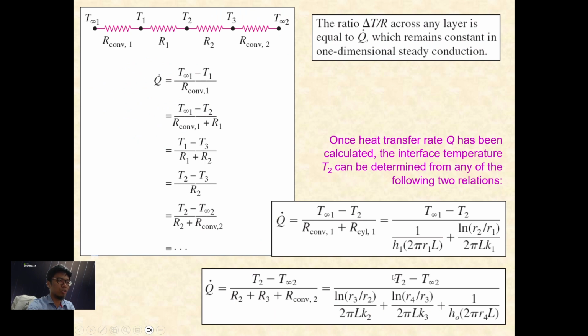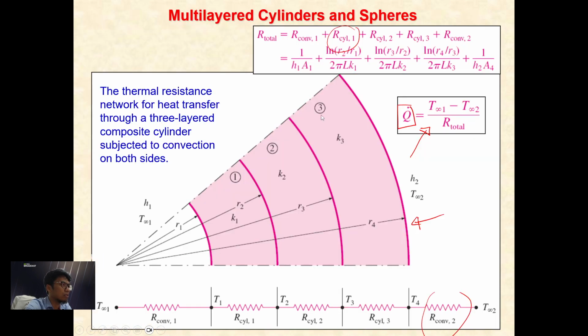If you memorize this formula, it also means you do not understand the basic concept of heat transfer itself. If you try to memorize all these long formulas, instead you should understand how the problem is trying to convey its information, and from that you can solve any kind of problem.